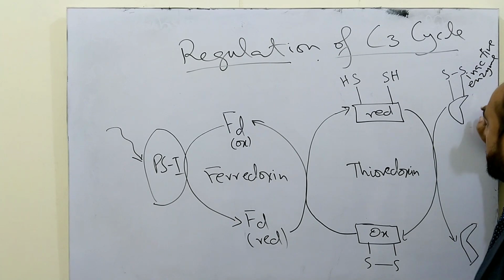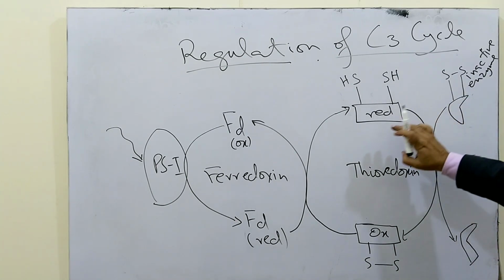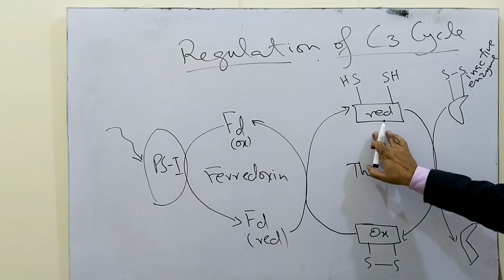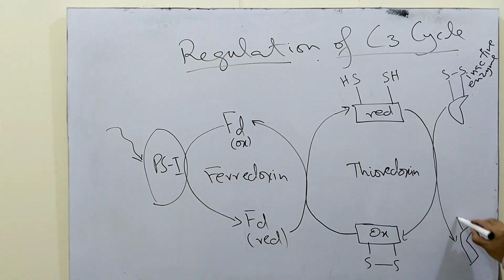So here we have an inactive enzyme which is in oxidized form, and this reduced form of thioredoxin can transfer its electrons to open its bonds and to convert it into reduced form. And in its reduced form, this enzyme is activated.